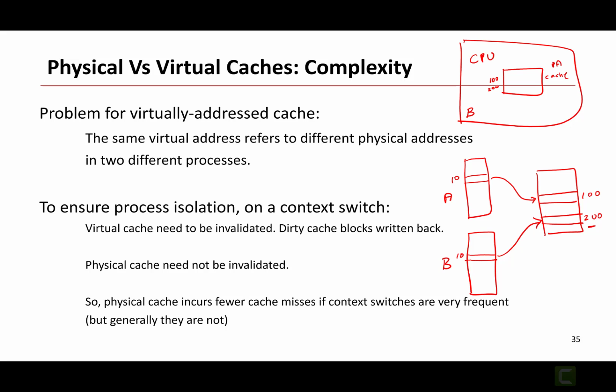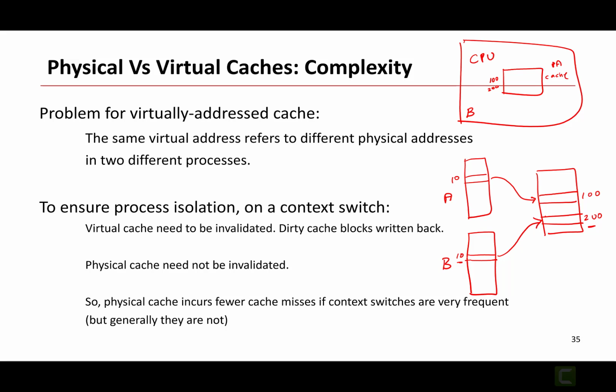I don't really care. But the point is, B can recognize that the virtual address 10 is not there in the cache, because it gets translated into the physical address first, and then you go and check the cache.